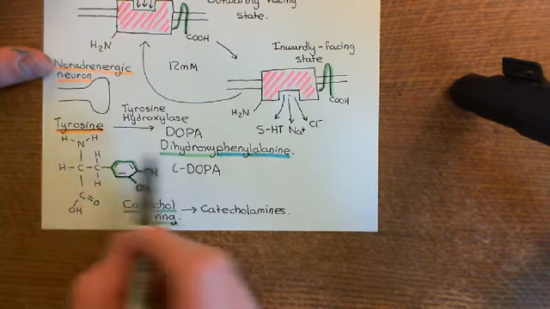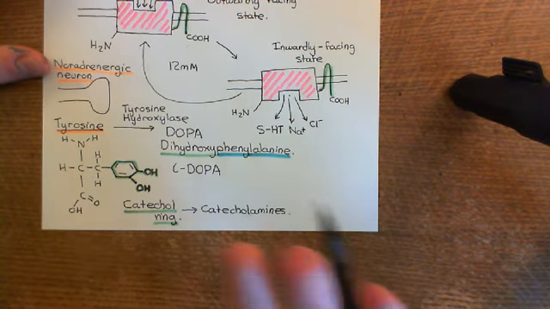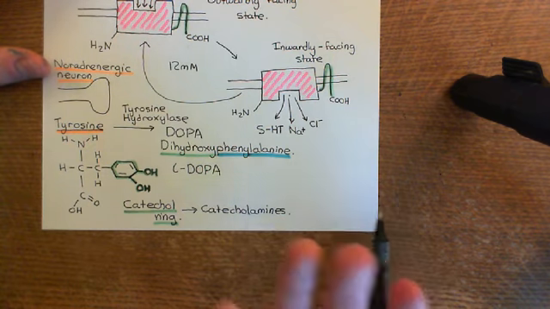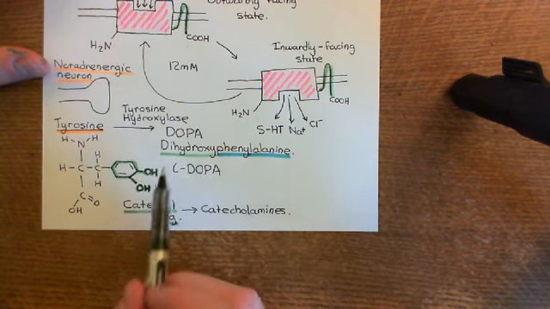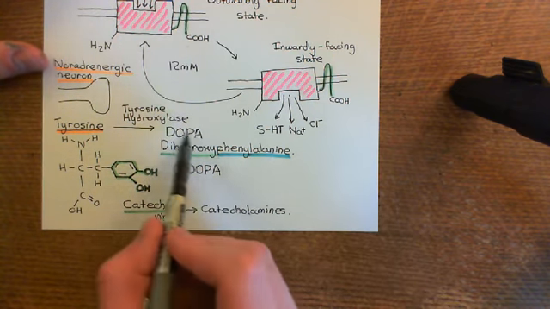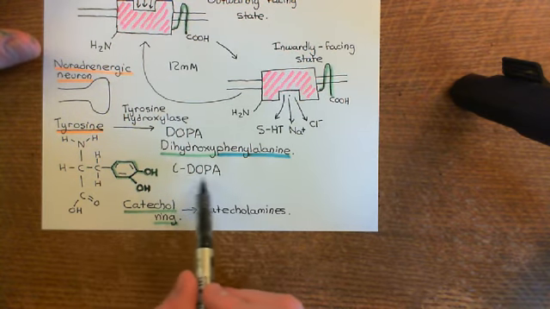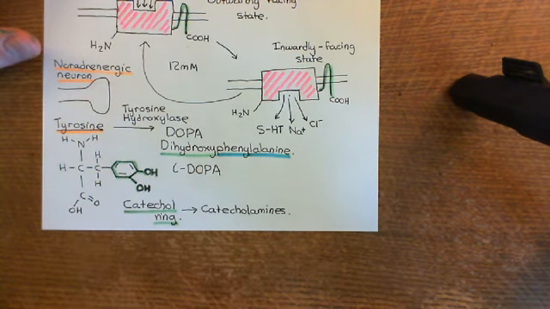I never stated that explicitly, but in cells you always use the L enantiomer, not the D enantiomer. Okay, so L-dopa is the reality, and that's what's given in Parkinson's disease, and the reason it's given is to increase the synthesis of dopamine, which is what you have too little of in Parkinson's disease and causes the motor problems.